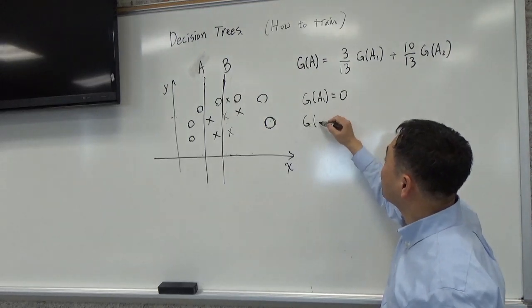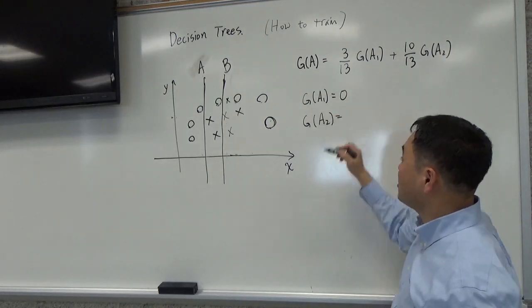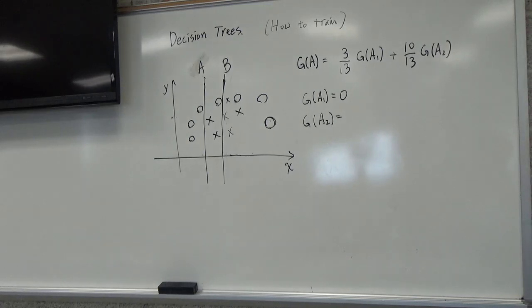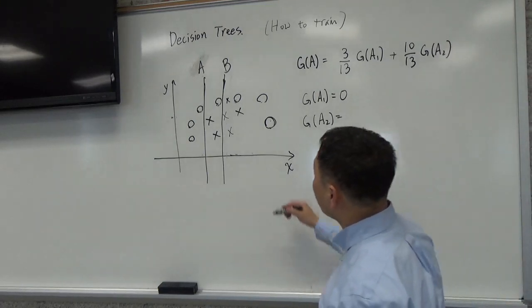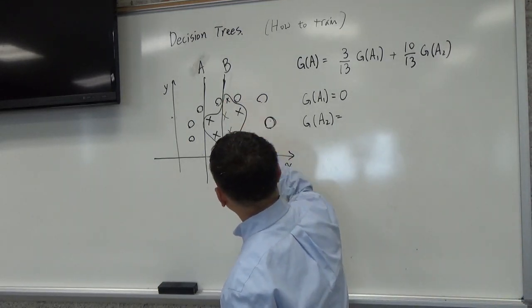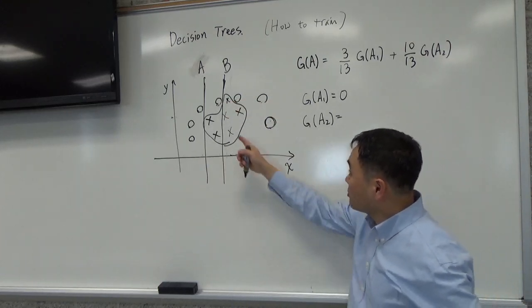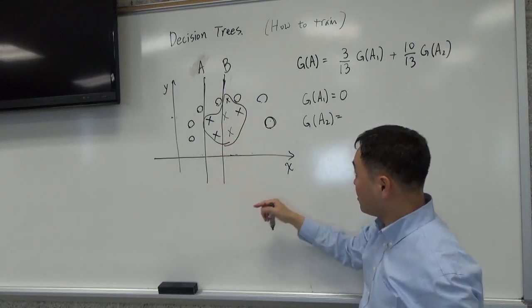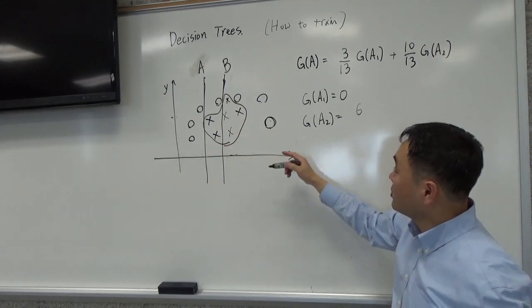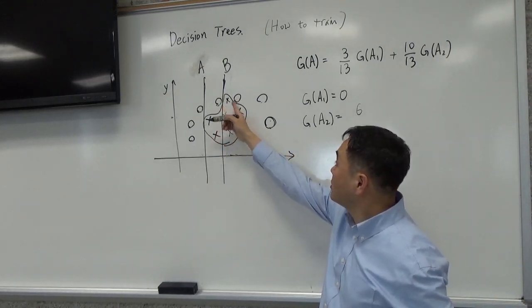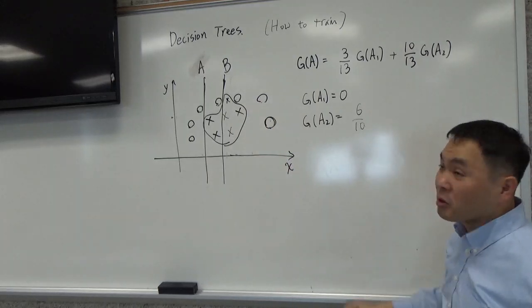Okay. What is the Gini impurity index for A2? Well, you have this many X's and this many O's. Let's count them. You have 6 X's, so 6 out of 10, right? So that's one probability.